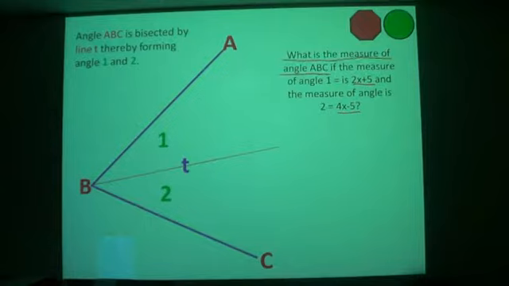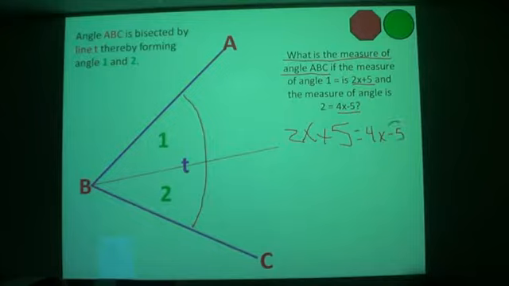In order to do that, we have to find out what the angle measurement is of 1 and 2. We know that 2x plus 5 equals 4x minus 5.